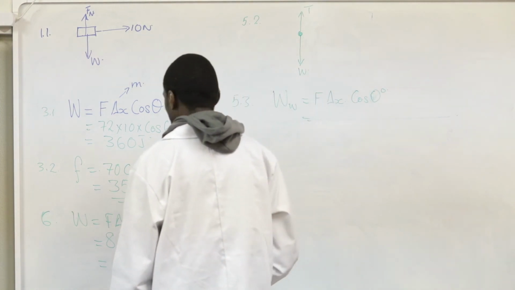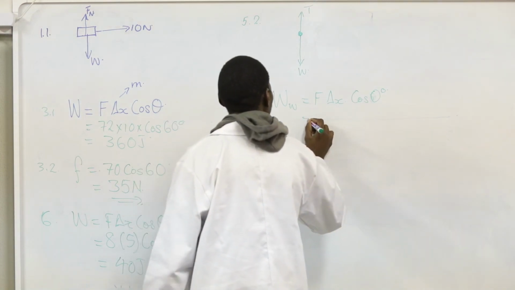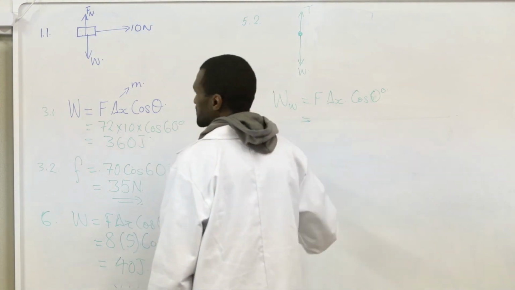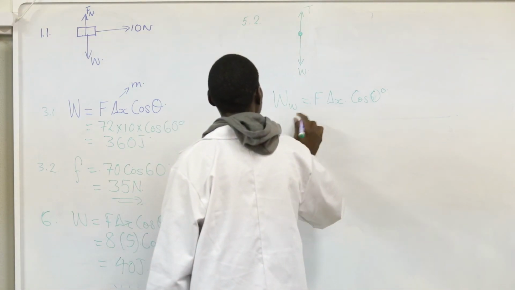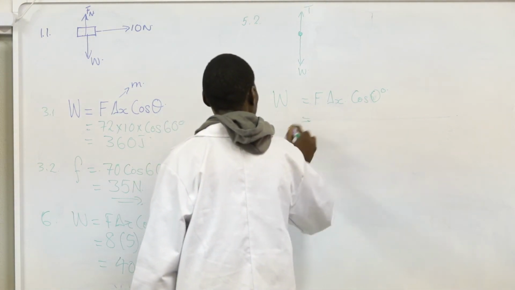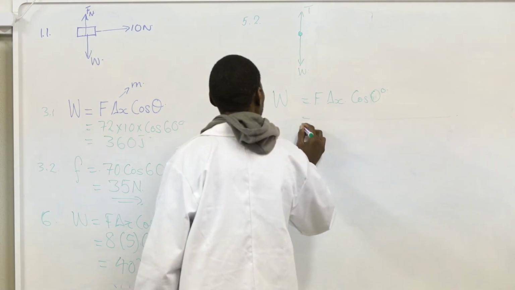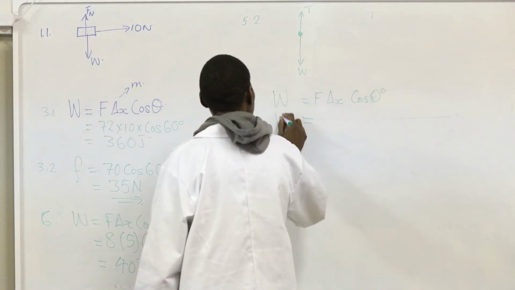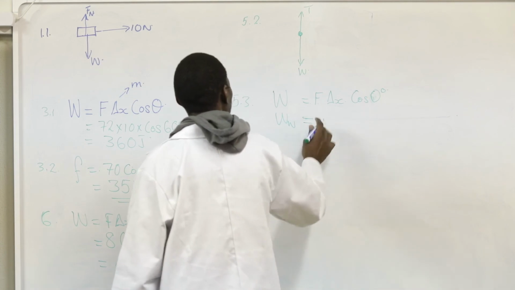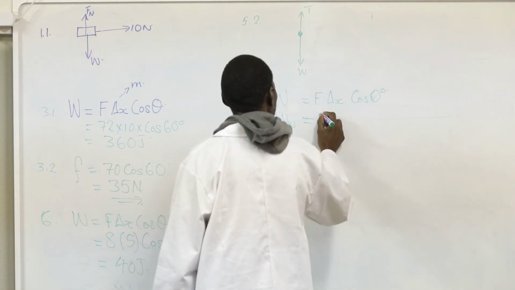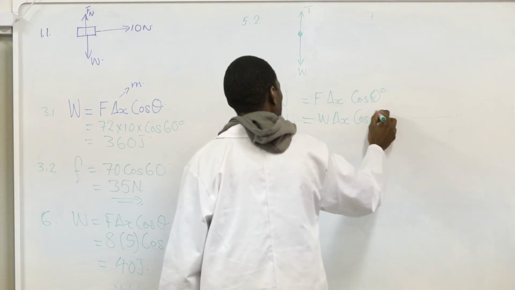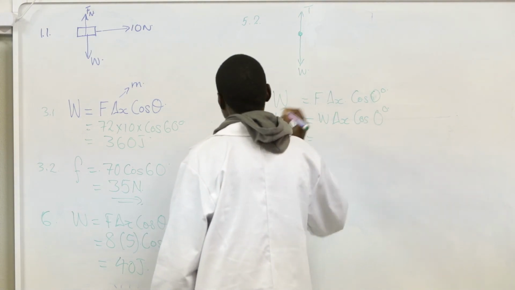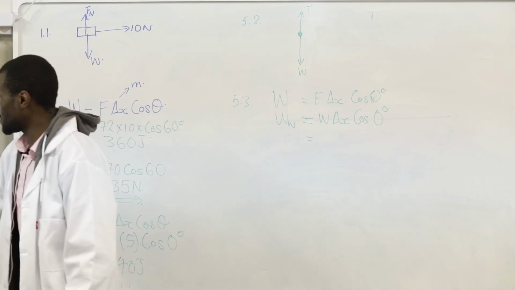Okay, that's the direction. So W, in this instance, which is the force here, let's put here, work done therefore by W, weight times change in x, cos of 0 degrees. The weight of the object we are not given.